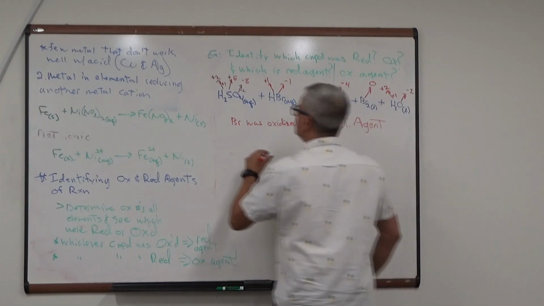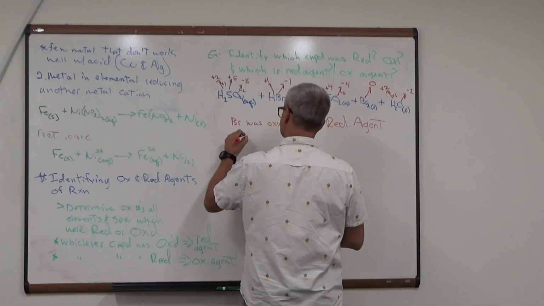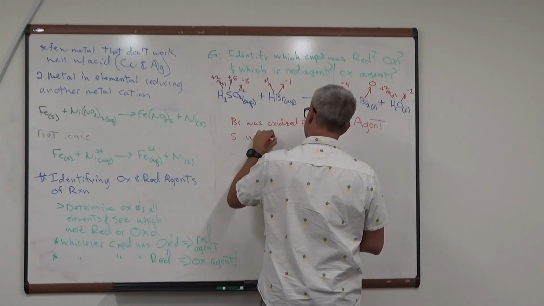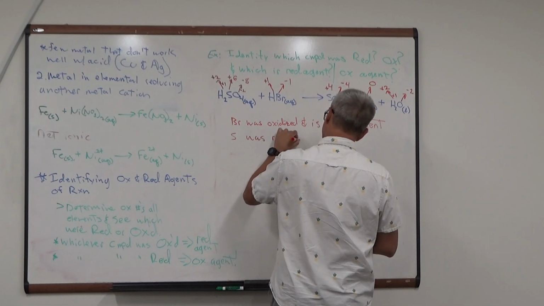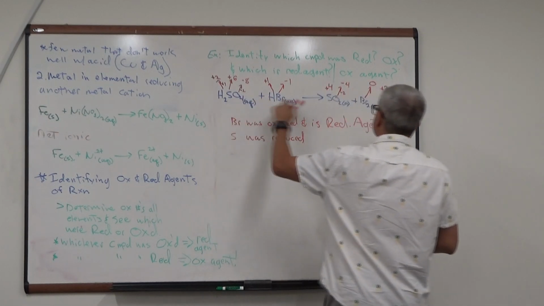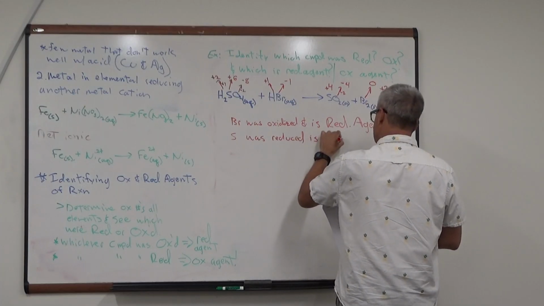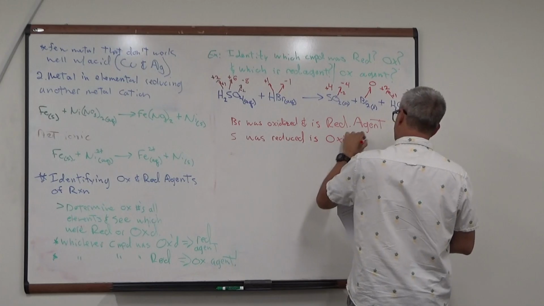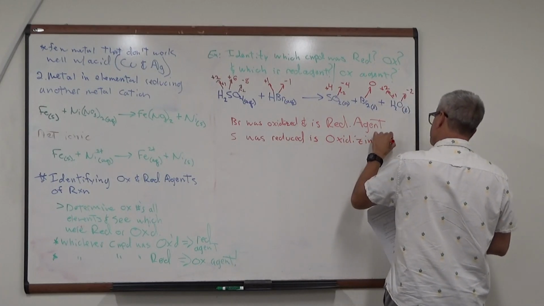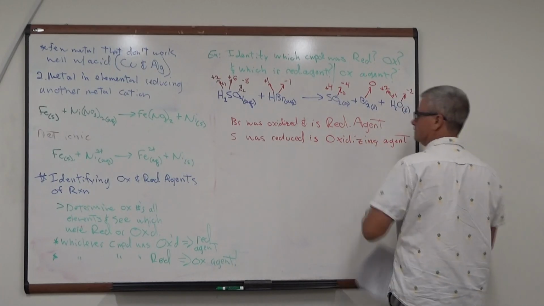Okay. And then sulfur was reduced. Okay, went from a more positive number to a less positive oxidation number, and is the oxidizing agent. Okay.